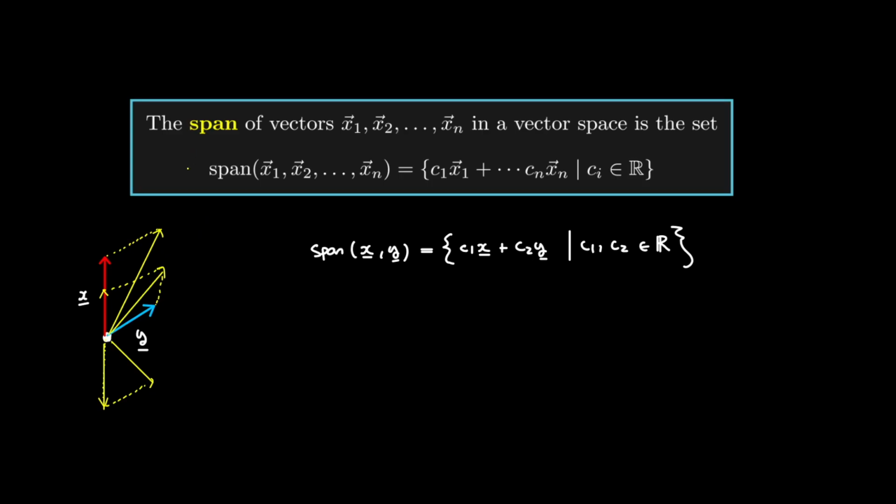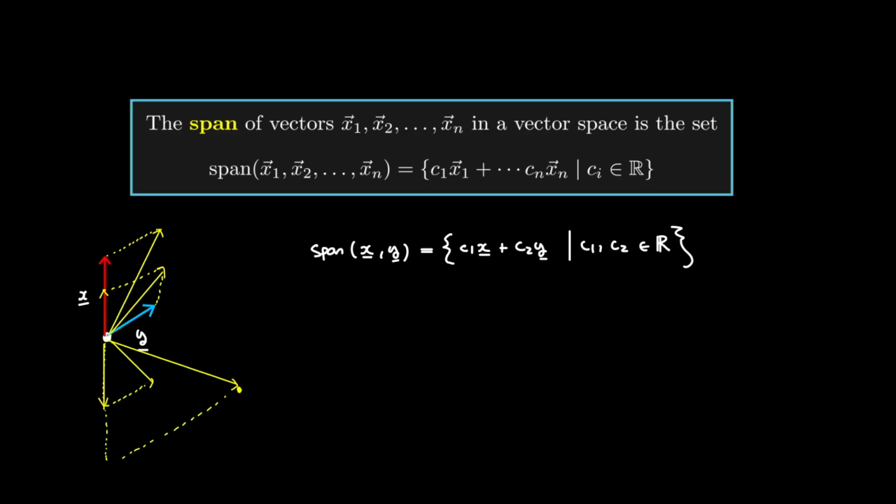And you can kind of see that no matter which vector I choose, like this vector here, it will be some linear combination of x and y. That's the point. So the idea here is that all vectors which are obtained as linear combinations of x and y are what's called the span of x and y.